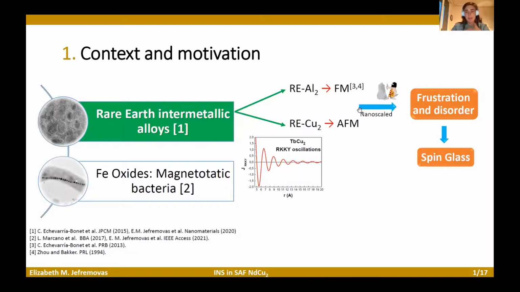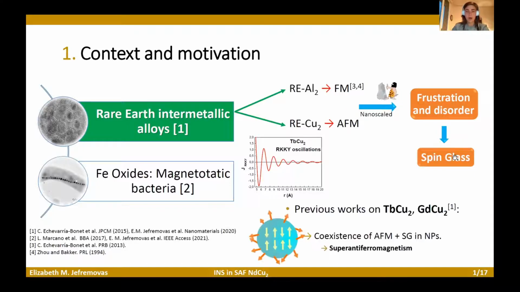In both cases, when these bulk alloys are nanoscale, frustration and disorder emerge, and a spin glass disordered phase is established in the alloy. So our previous work on terbium and gadolinium revealed the coexistence of both antiferromagnetism and spin glass in the nanoparticles, giving rise to a state that is known as superantiferromagnetism.